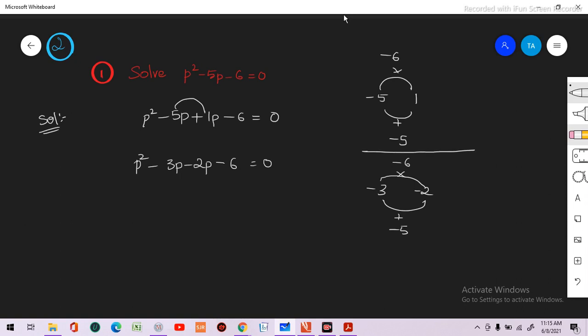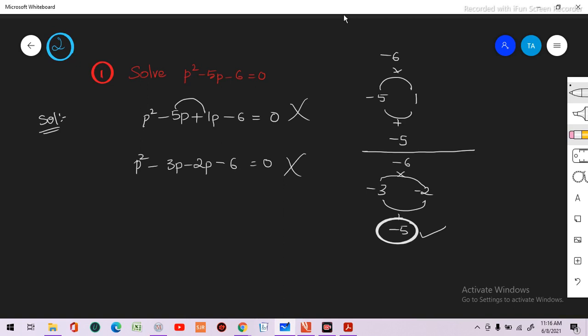Minus 3 minus 2 is minus 5, this is fine. How about this? Minus 3 into minus 2 is how much? Plus 6. We are not getting minus 6. So this is also not possible, right?